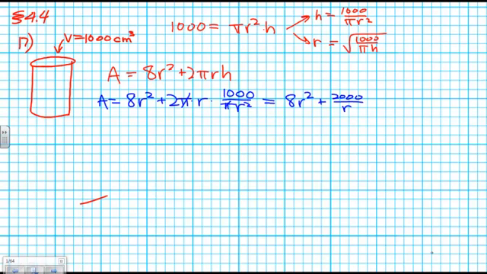I got a pi on top and a pi on bottom that cancel. Okay, how about A prime? 16r minus 2,000 over r squared. Yes, it kind of looks like that other problem that we did. So algebraically, this might be a little bit easier the second time through. Go for it.